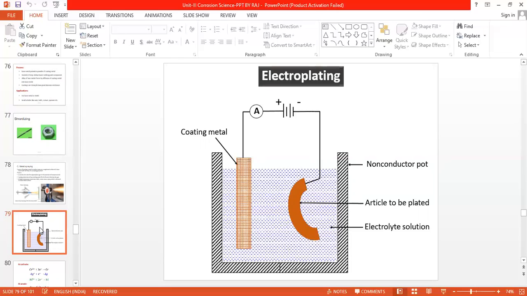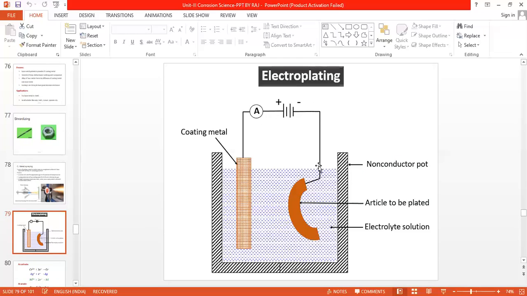The arrangement required here is an electrolytic solution with the coating metal functioning as the anode, and the base metal which is to be plated as the cathode, and they are connected to a battery. As a result, electrons will move from the coating metal to the metal to be plated, and the metallic ions of the coating metal will travel through the electrolyte solution to the metal to be plated.